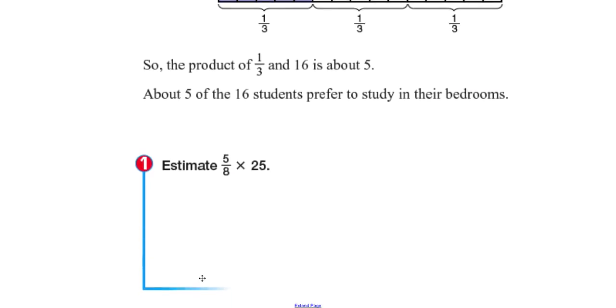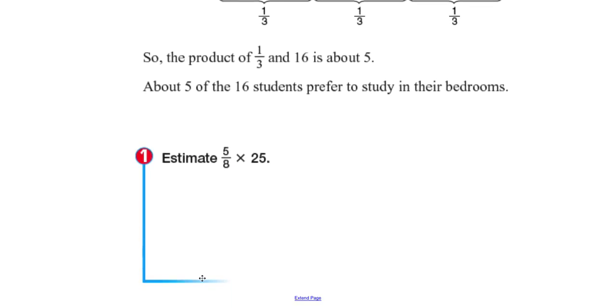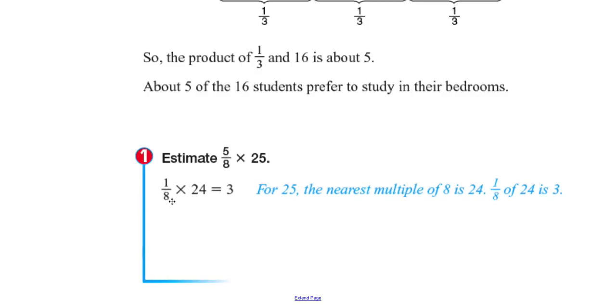Let's take a look at example number 1. Estimate 5/8 times 25. Again, we look at the numbers 8 and 25 and see what number is close to 25 that's compatible with 8. That number would be 24, because 24 divided by 8 is 3.